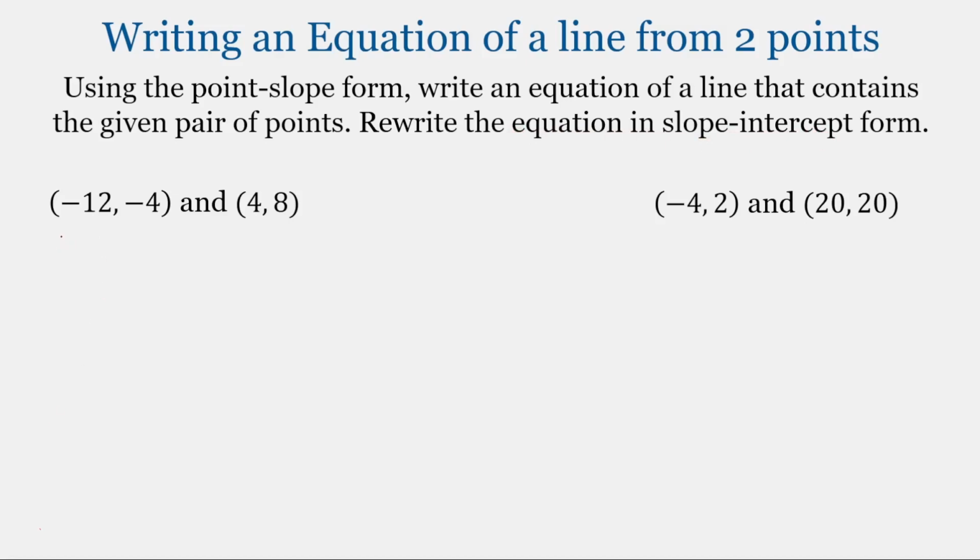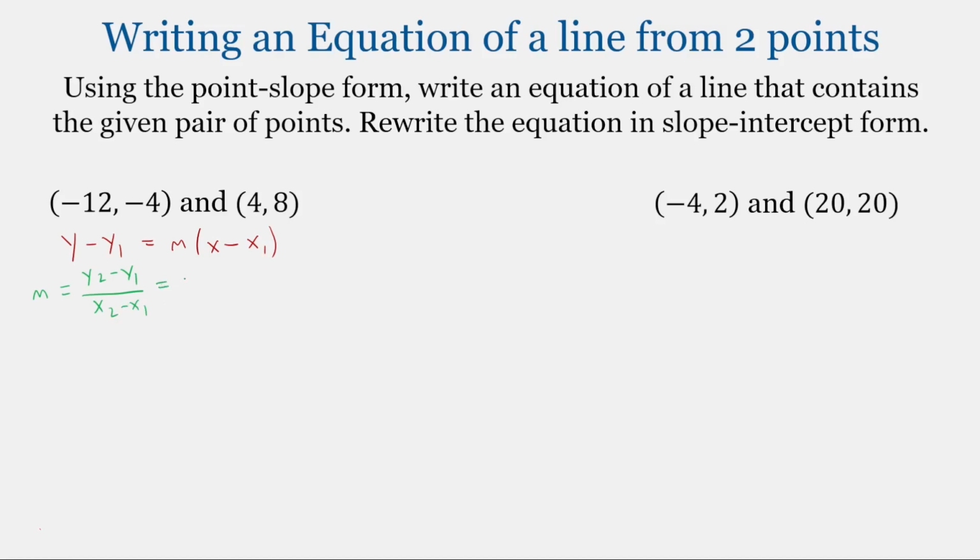So the point-slope form, that's y minus y sub 1 equal to the slope times x minus x sub 1. So we're going to need a point and that slope. Let's start with the slope. So the slope, that's equal to the change in y all over the change in x.